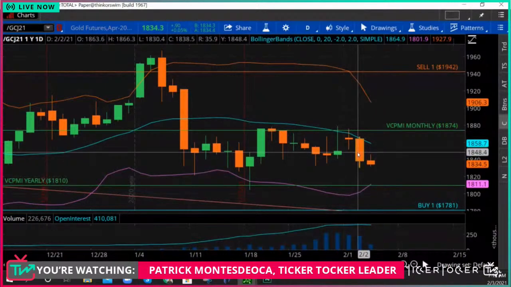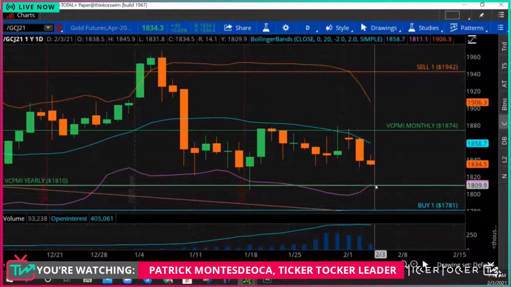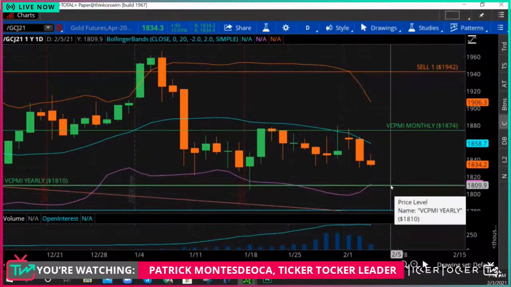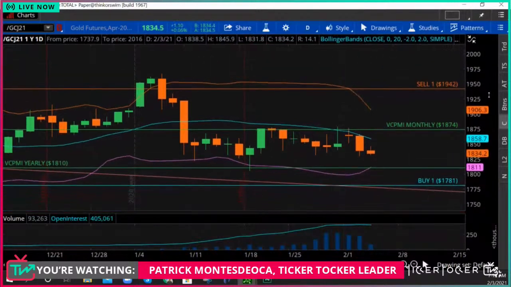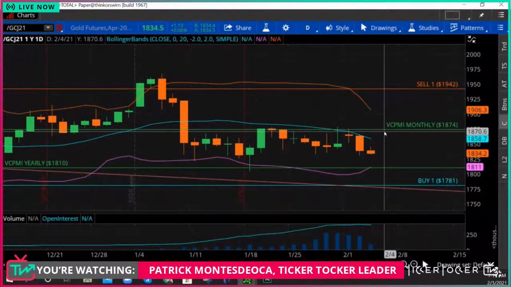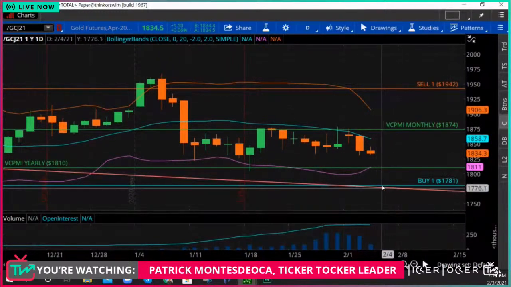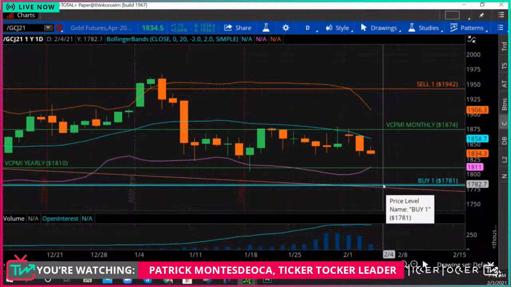What will happen here is that either the market will close below 1810 and activate a yearly and monthly trend momentum with a target of 1781. You see below the monthly buy one level.